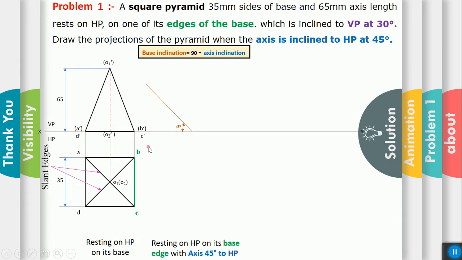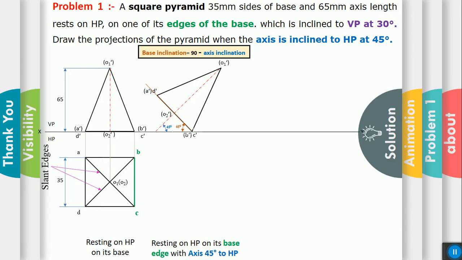Then we will recreate the first position front view in such a way that the base of the square pyramid, that is A dash, B dash, C dash, D dash, will be in line with this 45 degree line. Then we will use a protractor to measure the axis inclination. Then automatically we will get 45 degree, which is nothing but the axis is inclined to HP at 45 degree.